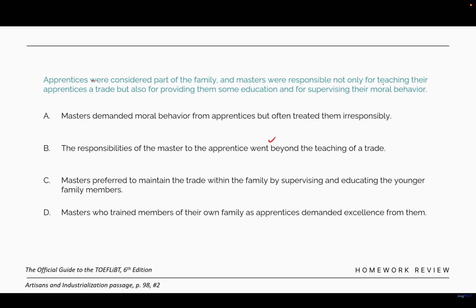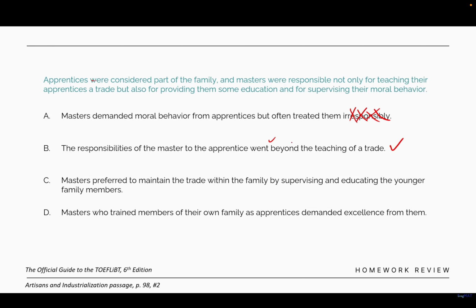Masters were responsible not only for teaching their apprentices a trade, but also for providing them some education. So basically, they had to teach them more than just the business. They also had to give them an education and moral edification, teach them about right and wrong. So let's take a look. Masters demanded moral behavior, but treated them irresponsibly. Do we have any evidence about that? The responsibilities of the master to the apprentice went beyond.